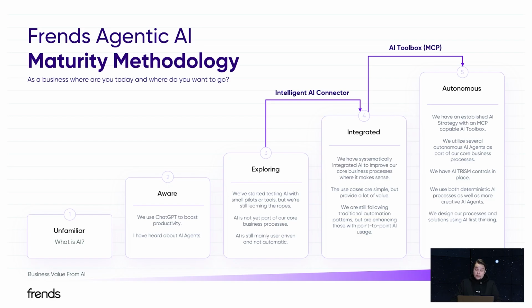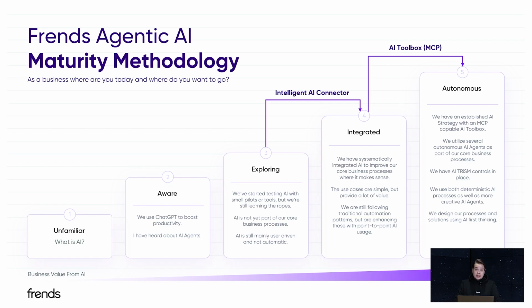We're not going to be focusing today on the aware and unfamiliar parts of the index, but rather look at the exploration, the integrated, and the autonomous stages. To set the tone, the exploration stage means that we see the vast majority of our customers still at this stage, where they have started testing AI.